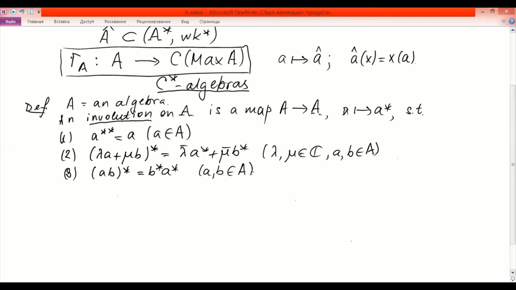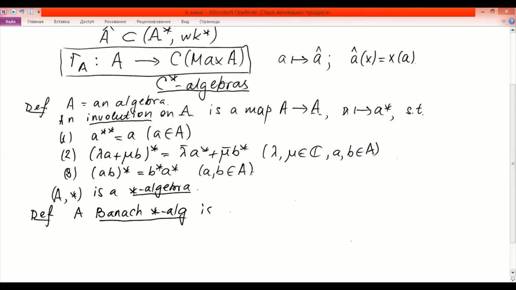Now, an algebra equipped with an involution is called a star algebra. Now, by definition, a Banach star algebra is a star algebra.